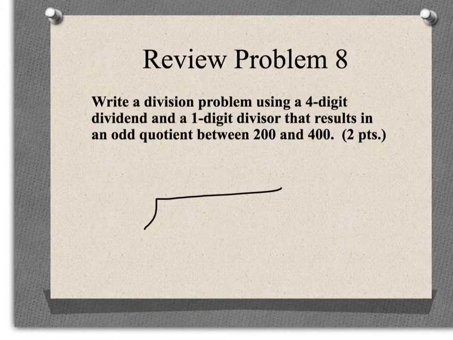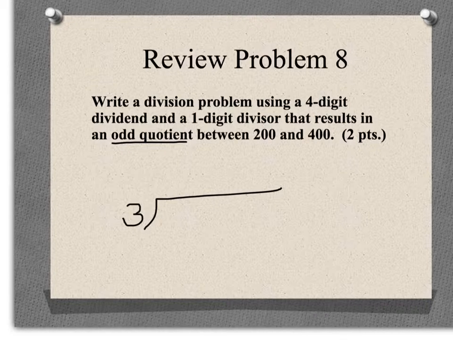I'm going to go with a 1-digit divisor of 3. Why 3? Because I know if I count by 3s, I say 3, 6, 9. 9's an odd number. 3's an odd number. It might be easy to get an odd quotient. I want my answer to be between 200 and 400.